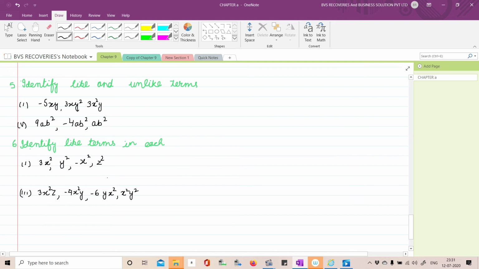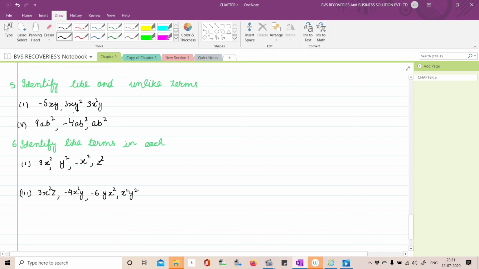Then question number 5 is: identify like and unlike terms. So I told you what like terms are: terms which have the same literal coefficient. Same literal coefficient means the same alphabetic part. Alright. In the first question you can see here minus 5xy, 3xy^2 and 3x^2y.